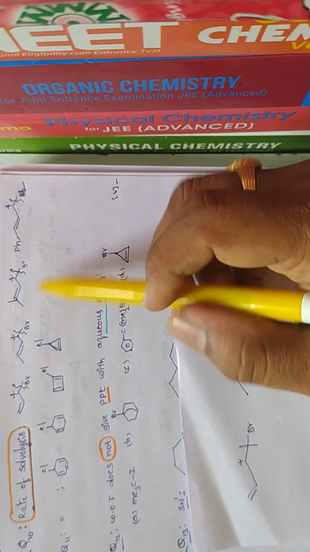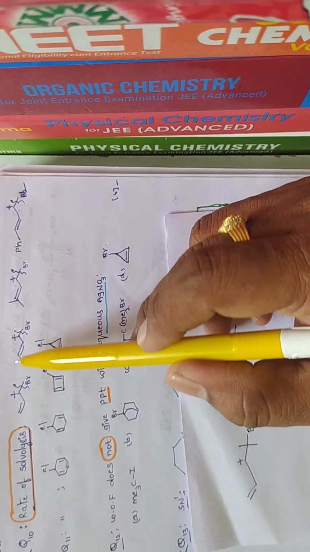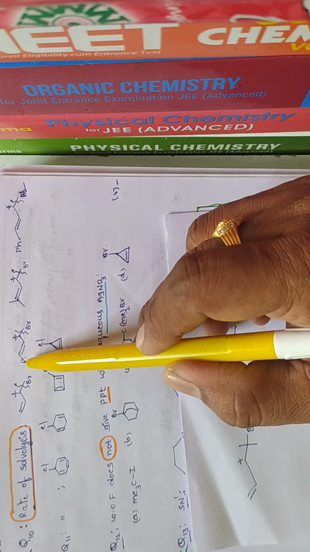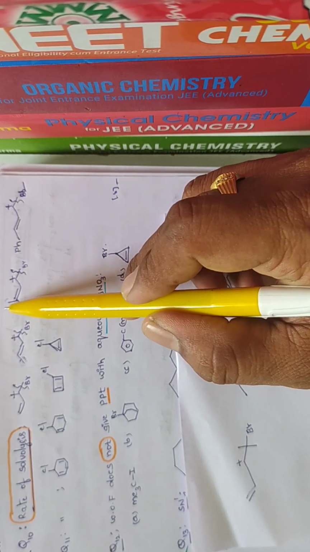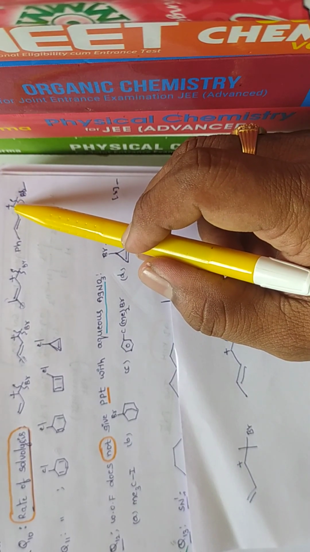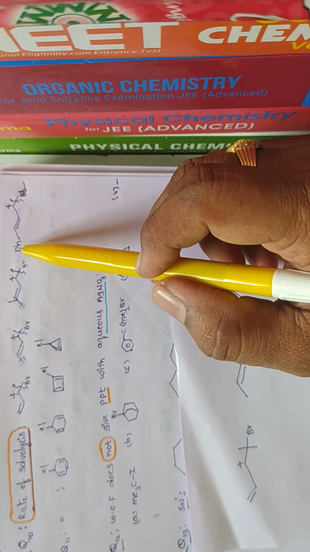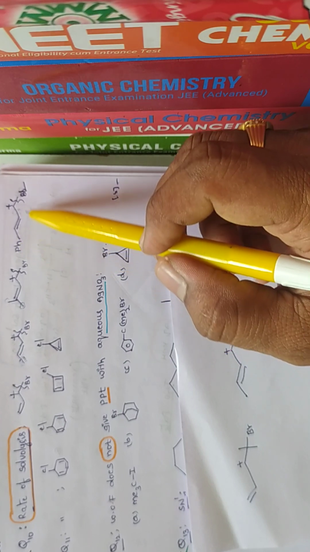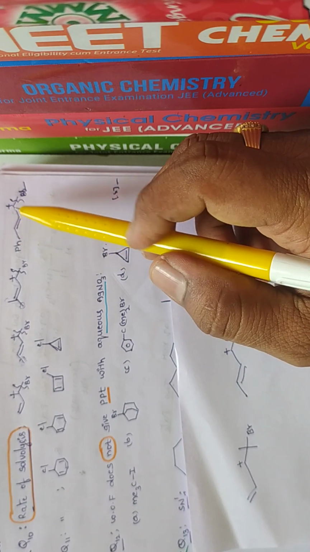Now all are primary allyl carbocations. Compared to this, here one alkyl group is present, here two alkyl groups are present, and here one phenyl group is present. Here conjugation is there: positive charge, single bond, double bond, single bond. Phenyl means again resonance is there. So the more the resonance, the more the stability of the carbocation.